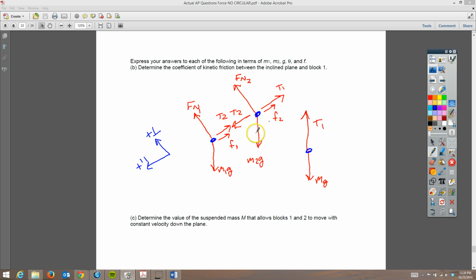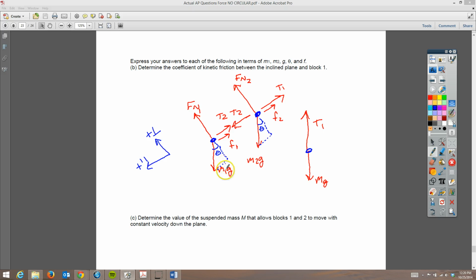The two things that we have that are not in the right direction are my M1Gs. So I'm going to draw a line straight down, make that 90-degree angle, and do another one so that I've got two lines that are in the correct direction. So I've put those there, and I've got an angle here and an angle here. And now we can go through and just put our components in.